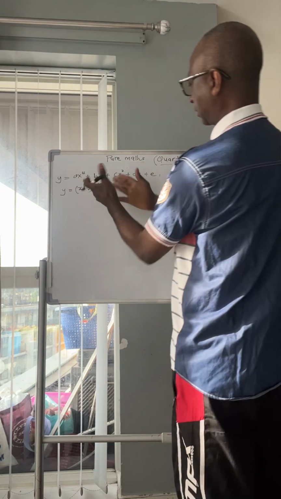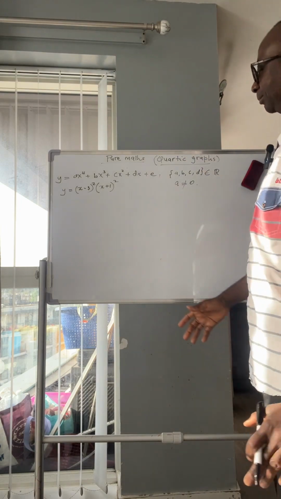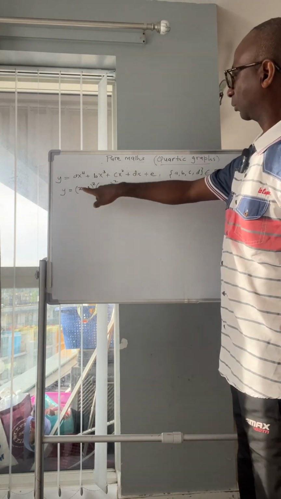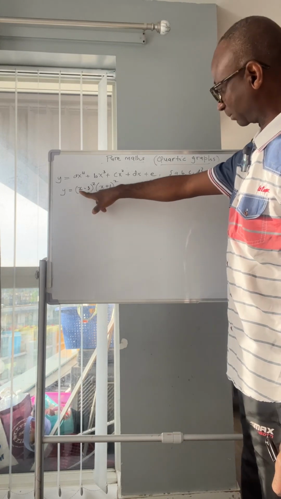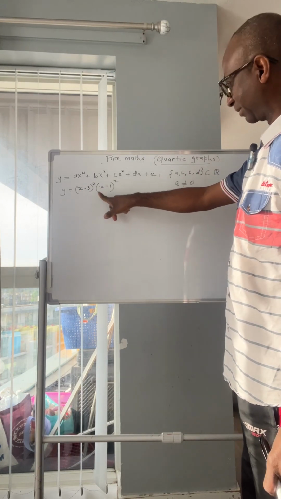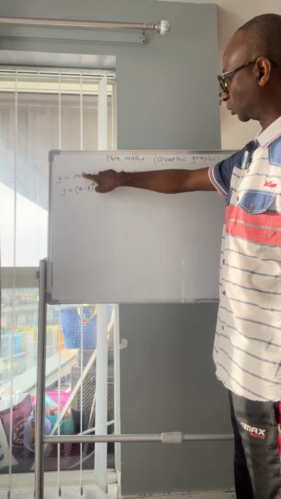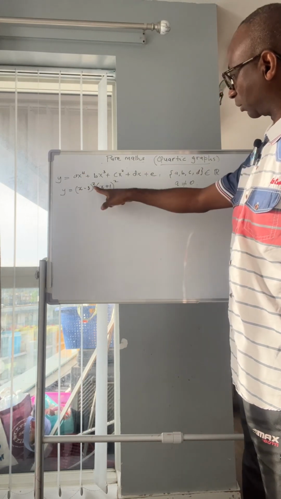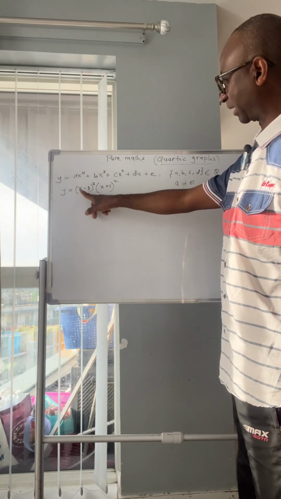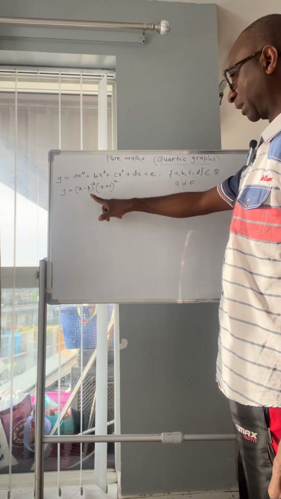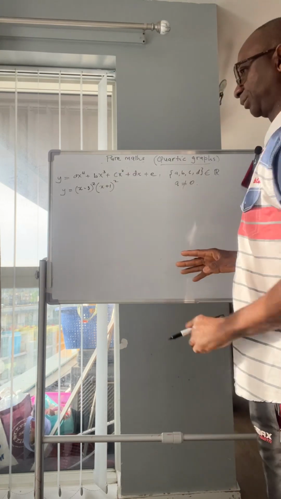When you see something like this, it's a quartic equation. When you expand this parenthesis, your highest power will be x to the power of 4, because this is x squared, multiplied by x squared, which gives x to the 4.